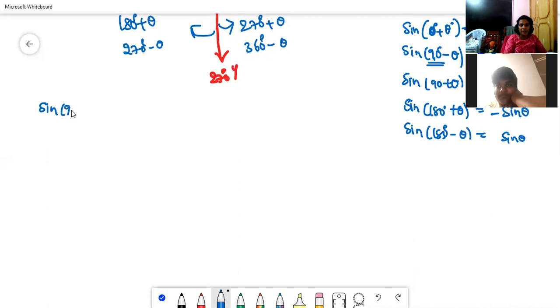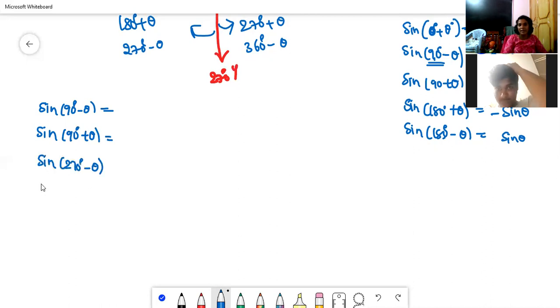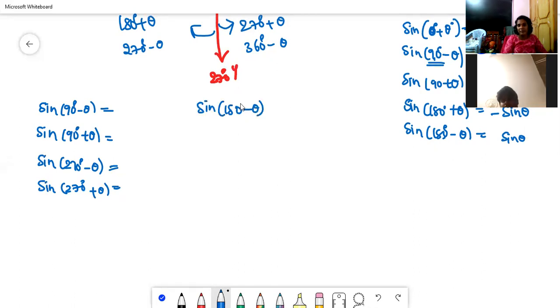sine of 90 degrees minus theta will come in the first quadrant. Sine of 90 plus theta. Sine of 270 degrees minus theta. Sine of 270 degrees plus theta. Sine of 180 minus theta. Sine of 180 degrees plus theta.